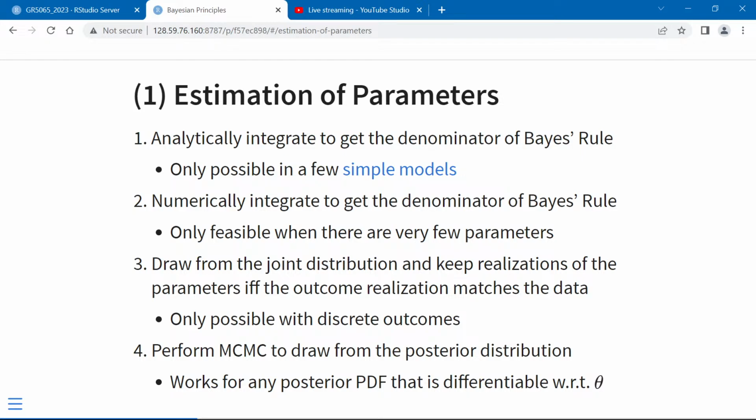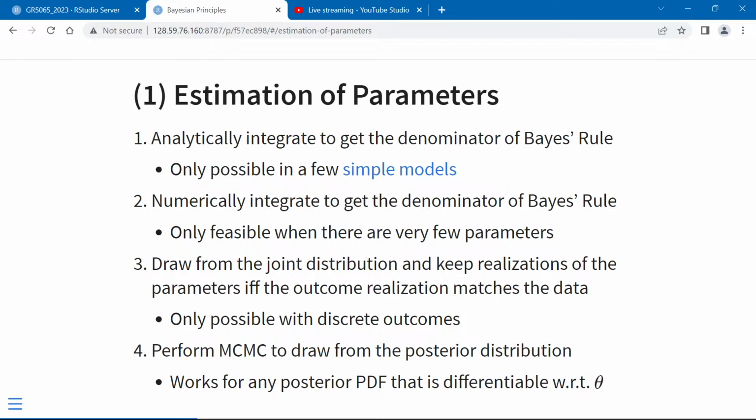But if you do it all at once or one at a time, you get to the same thing either way. It's just there are so few situations, particularly in modern social science, where this is applicable, that it's just not general enough a way to pursue Bayesian inference for estimating parameters.